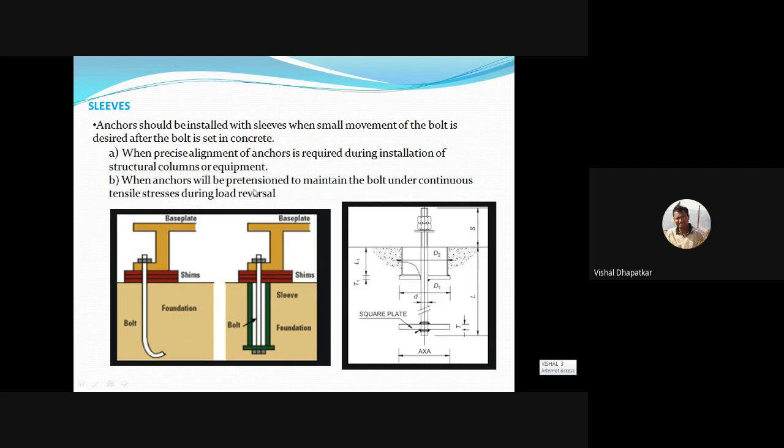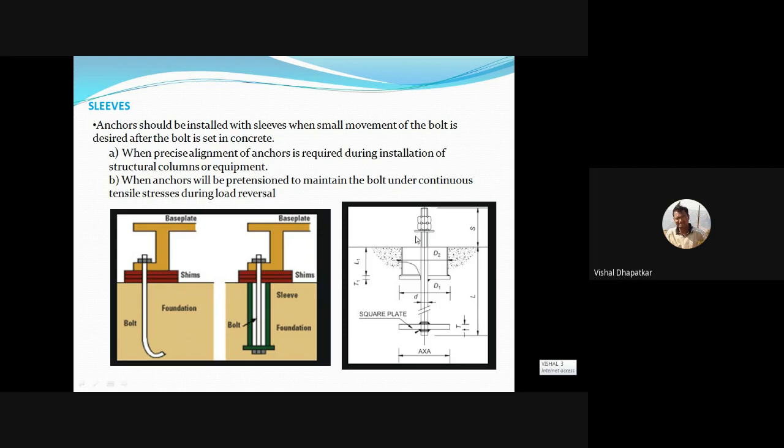And second is when anchors will be pre-tensioned to maintain the bolt under continuous tensile stress during load reversal. When the pre-tension bolts are used, sleeves are provided to keep the bolts under tension after tightening the nuts.